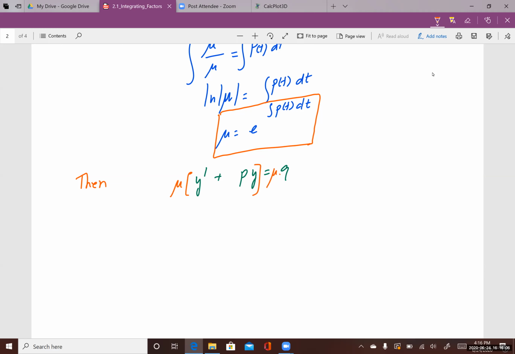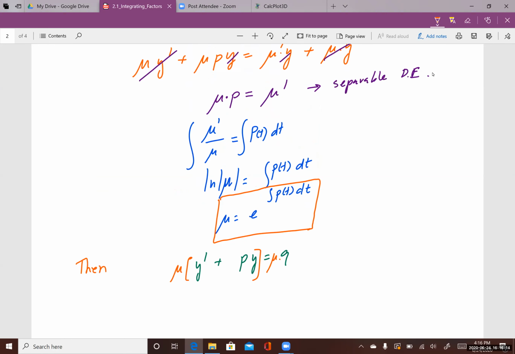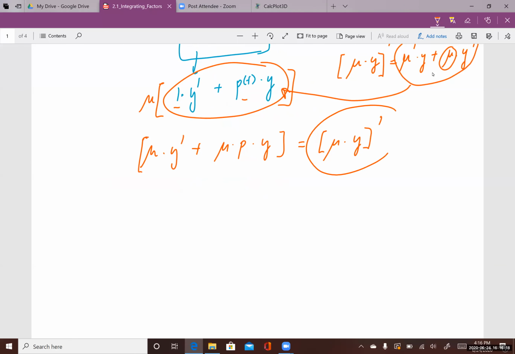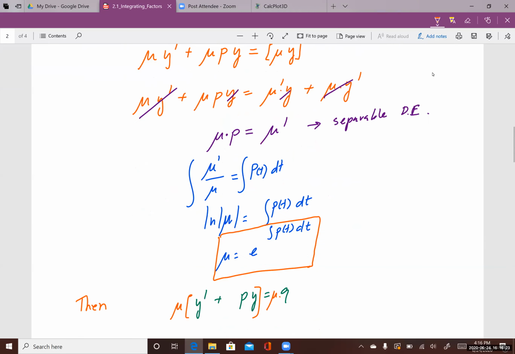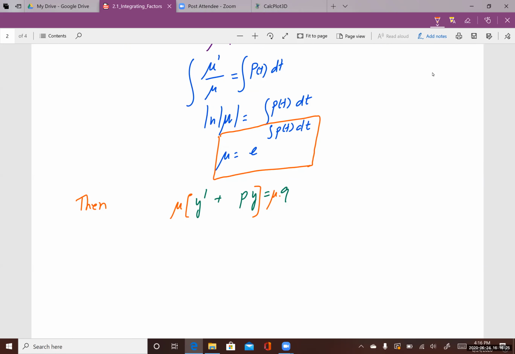Multiply mu to both sides, okay? And then remember, once I multiply mu to both sides, the left-hand side will equal the derivative of this product, mu times y. The derivative of mu times y equals mu times q.